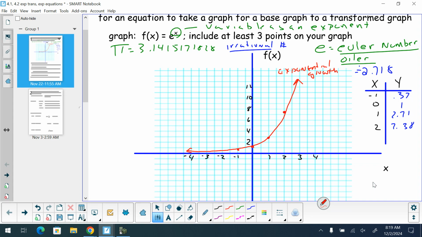When we talk about half-lives, that is a decay function. And what will happen is, with an exponential decay function, you will start in the second quadrant and then flatten out here. That would be your exponential decay function.